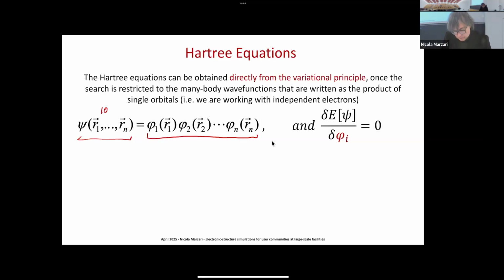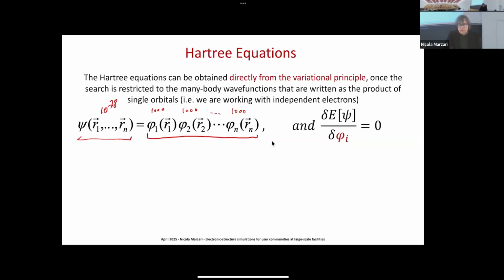So here we had 10 to the 78 complex numbers. How many numbers do we have on the right instead? Well, we need to describe phi 1 with the same accuracy, but this is just in 3 dimensions. So you have 10 numbers times 10 numbers times 10 numbers. So this is 1,000 complex numbers. And then phi 2 requires 1,000 complex numbers, and so on and so forth.